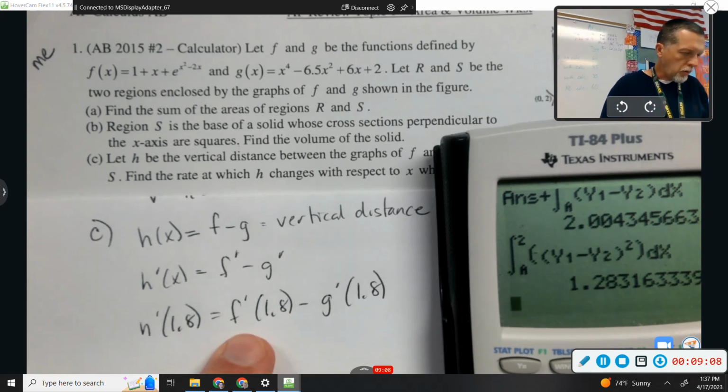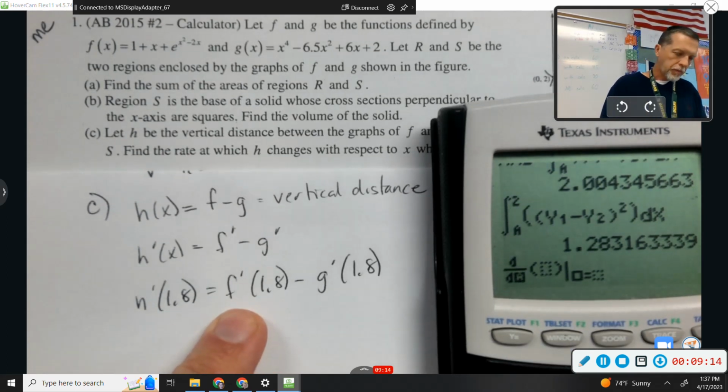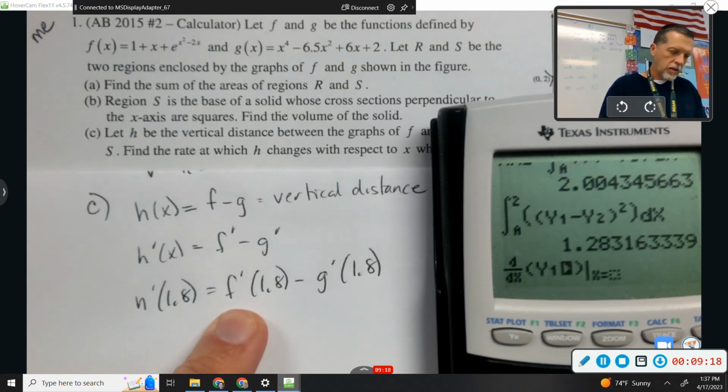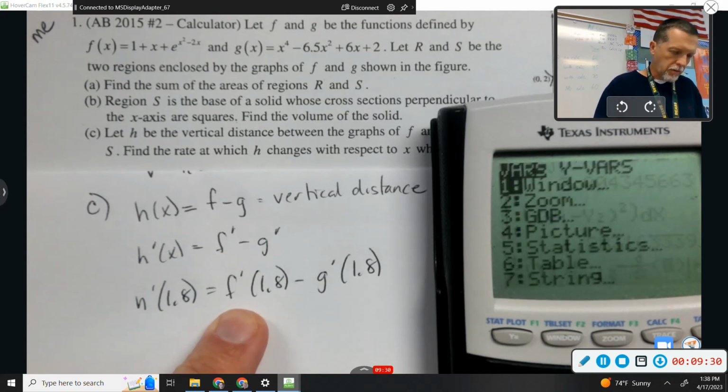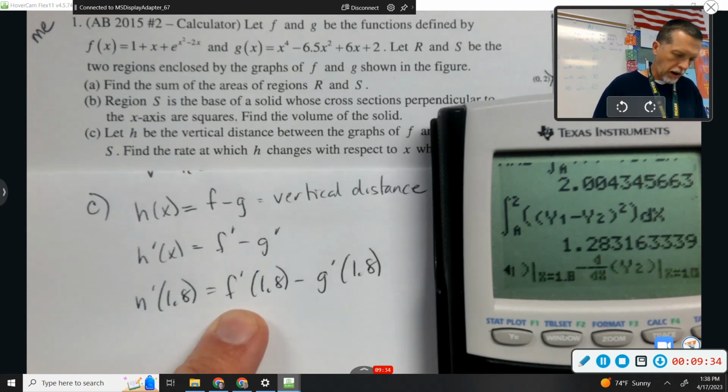Okay, so y1 is f, so math 8 is the derivatives. So derivative of y1 at 1.8 minus, math 8 again, the derivative of y2 at 1.8.